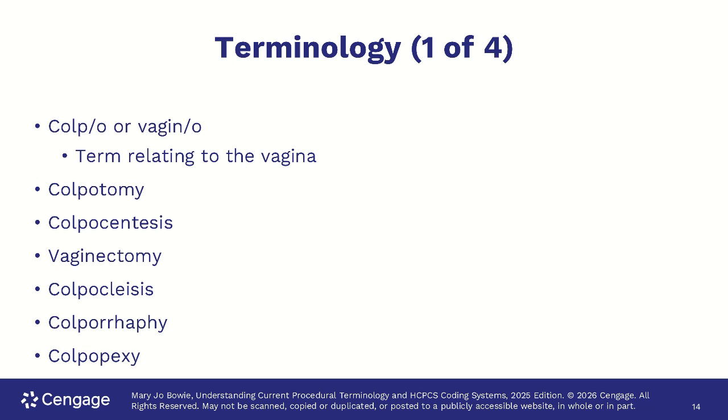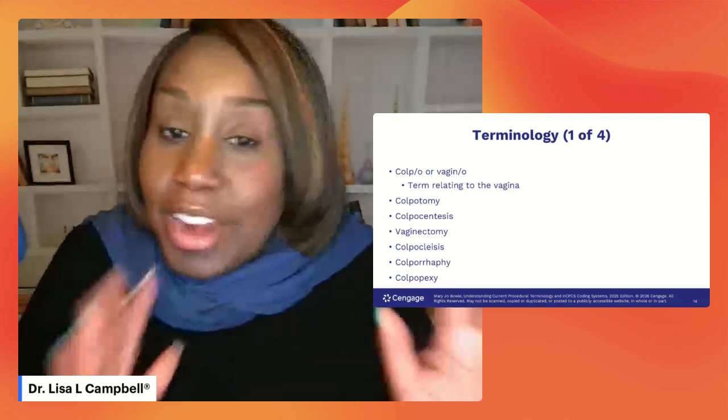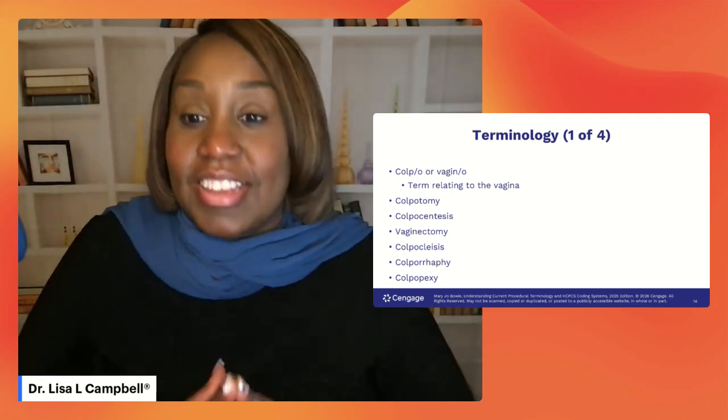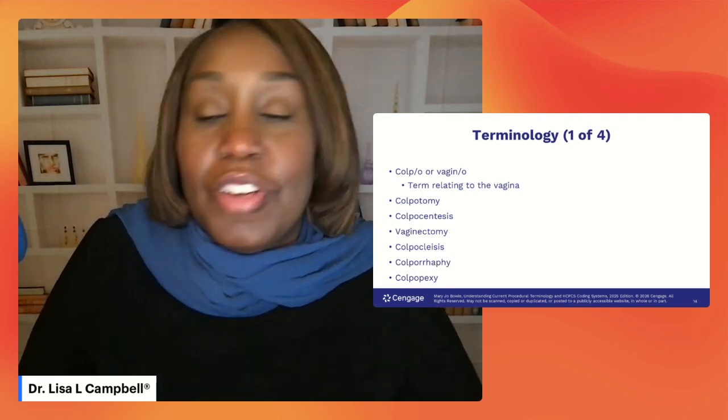Some terminology that you really need to be familiar with: colpo or vaginal, which means vagina; a colpotomy, colpocentesis. You've seen synthesis before, right? Guys, I don't know if you're noticing this. These words, the little word parts are repeating over and over and over again.